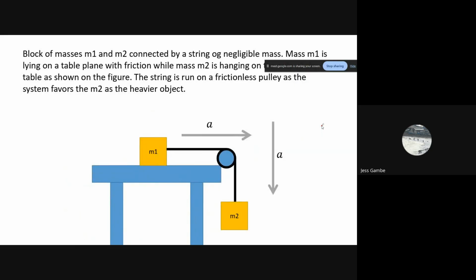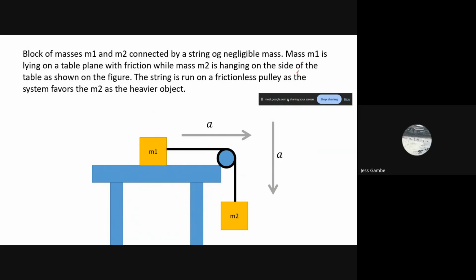Next is Kani. So you have a block of mass M1 and M2 connected by a string of negligible mass. Mass M1 is lying on the table plane with friction, while M2 is hanging on the side of the table as shown in the figure. The string is run on a frictionless pulley, so the system favors M2 as the heavier object.